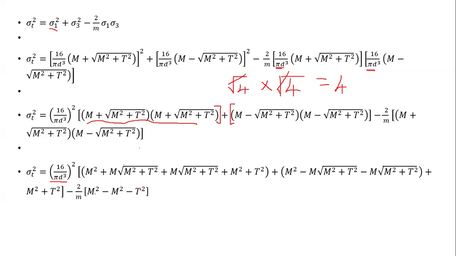Now, you can already notice that in between, we've attempted almost to ignore one of the factors. The reason is very simple. If you notice what I have here, I have this m square root of m squared plus t squared. There's also m square root of m squared plus t squared. This plus this, it's a 2.